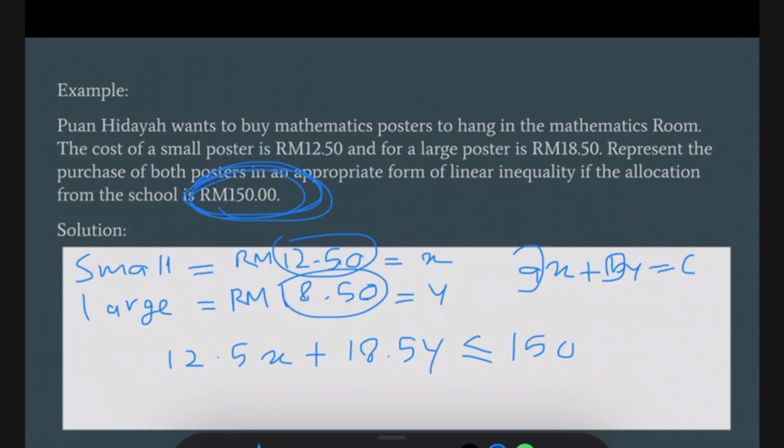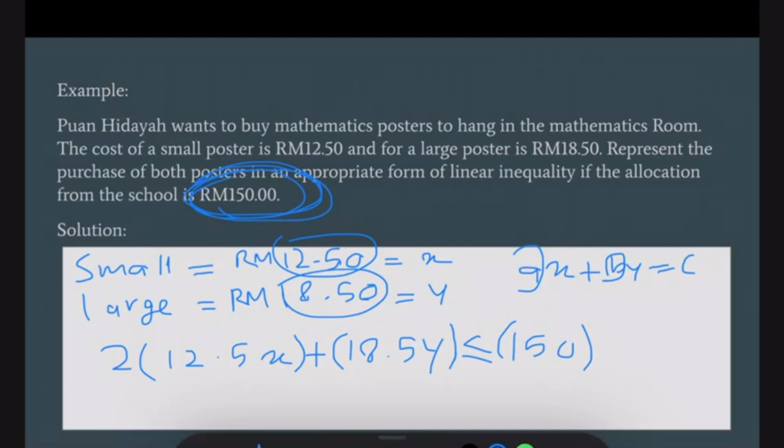As we can see, there is a decimal point right here, so we need to get rid of it. How do we do this? We multiply everything by 2.